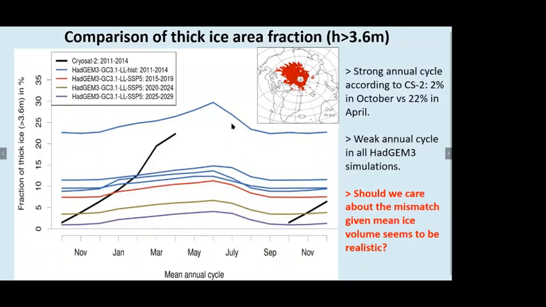There are big differences between the ensemble members: the 3 ensemble members are quite similar, and we have 1 ensemble member where there's much more thick ice. But the general feature is that we don't have the annual cycle we find from the observations. Well, the question is, of course, should we care about this mismatch, given that the mean ice volume is quite realistic?